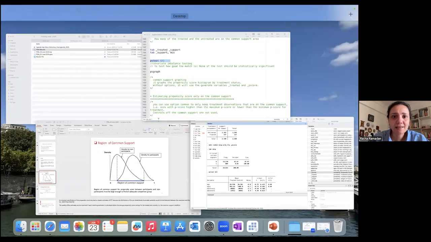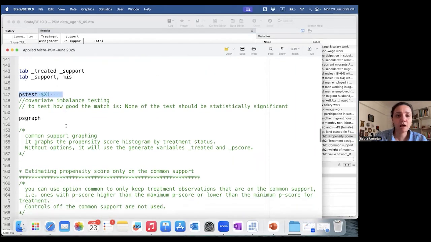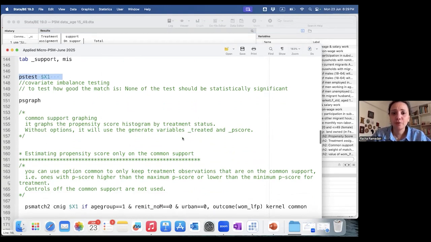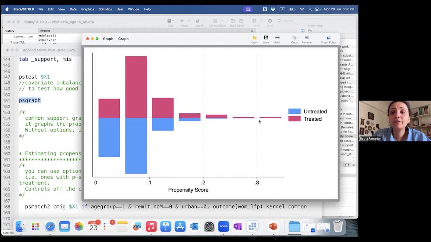Okay, so the pstest command allows you to test the imbalance between the covariates, to test how good is the match between your variables, and the good news is when you don't have significant differences between both groups. Here I will show you the graph. So here you have the treated and the untreated, and of course you see the common support area.